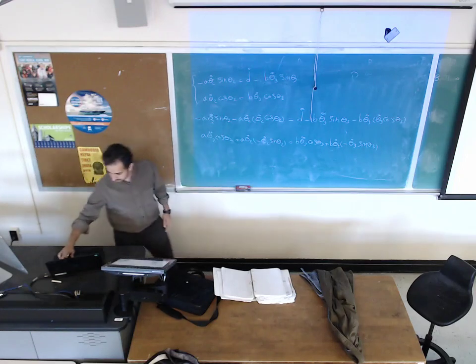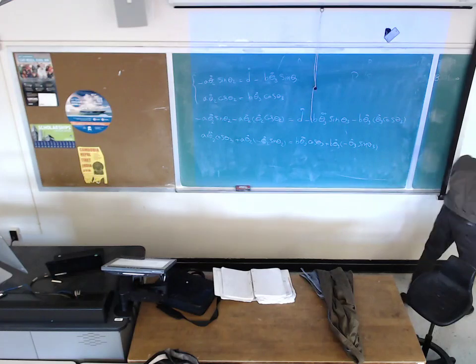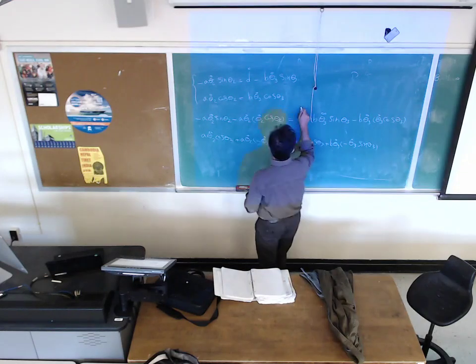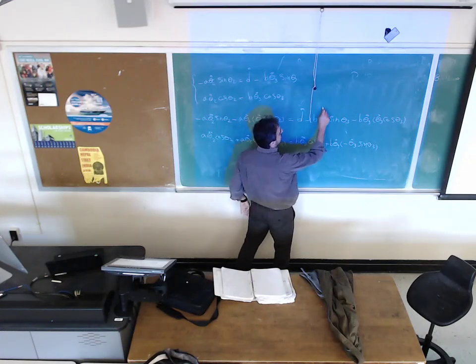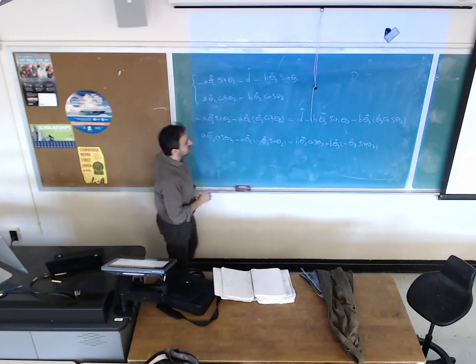So the unknowns are theta double dot 3 and d double dot. These two terms have theta double dot 3.